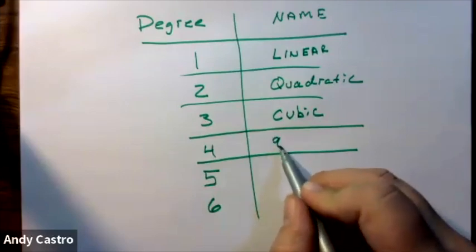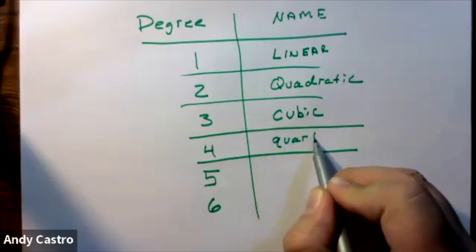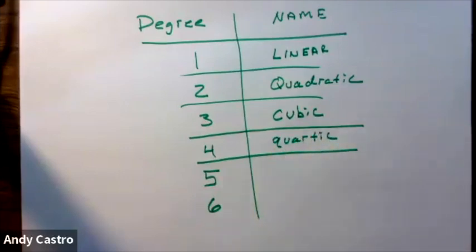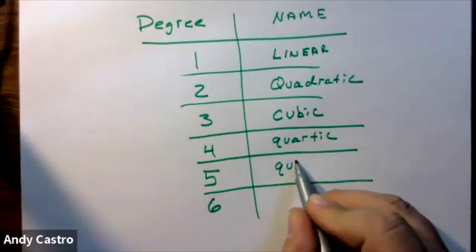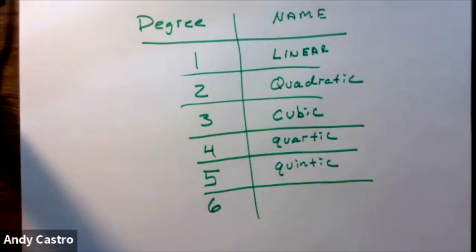4 is quartic. Q-U-A-R-T-I-C, quartic. If the highest exponent is 5, it's called quintic. Q-U-I-N-T-I-C, quintic.